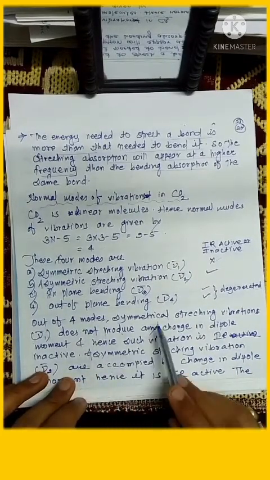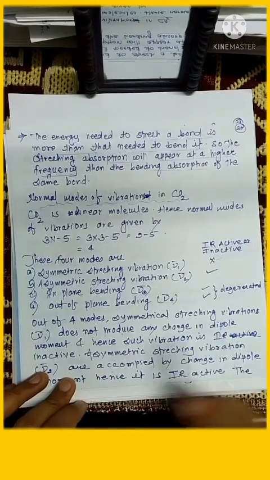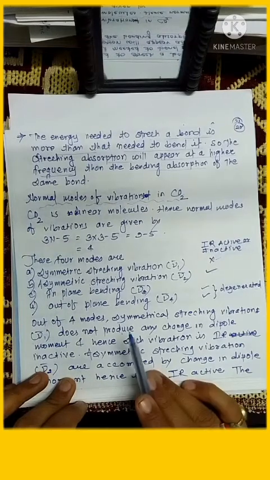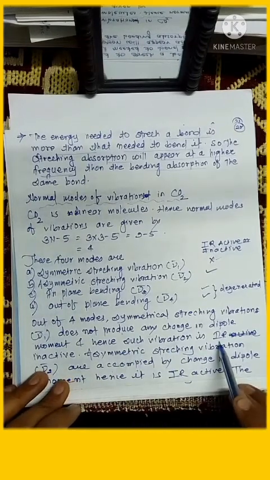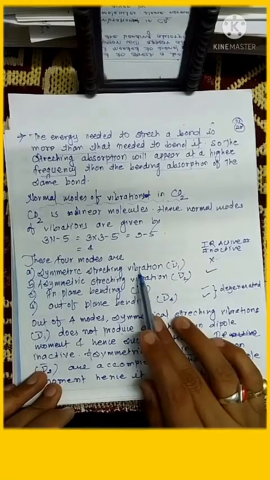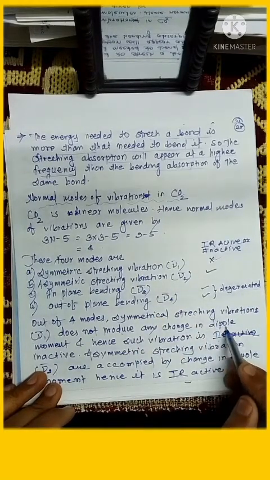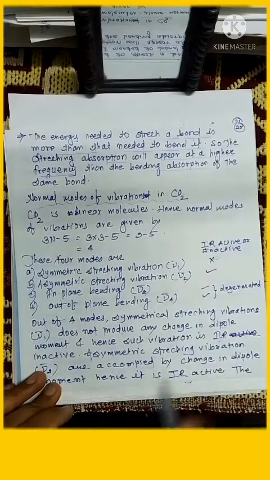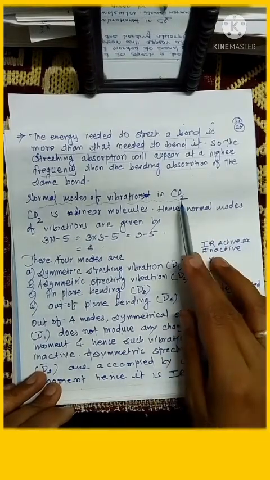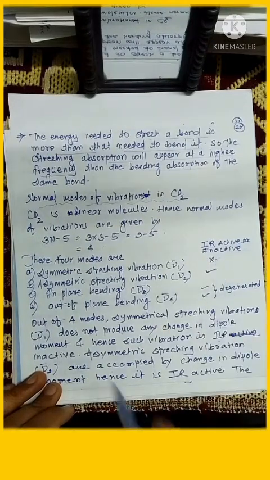Out of 4, symmetric stretching vibration does not produce any change in dipole moment, and hence such a vibration is IR inactive. It is important. Due to symmetric stretching, there is no change in the dipole moment of your CO2. That's why symmetric stretching vibration is IR inactive.